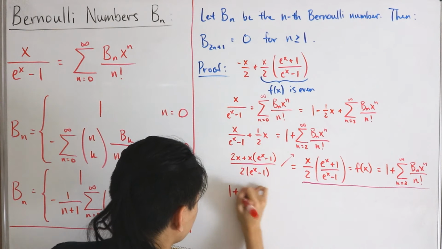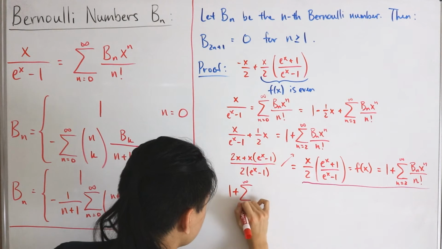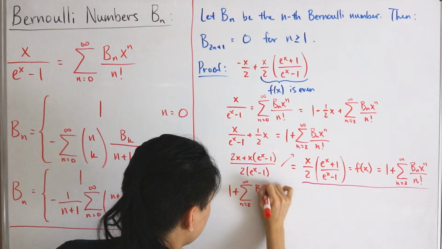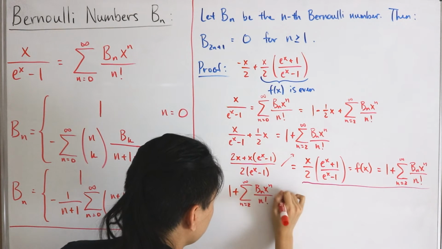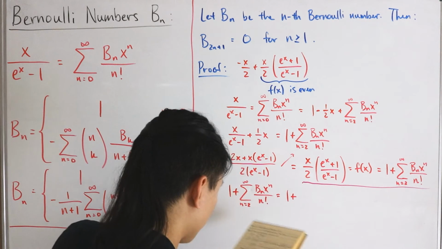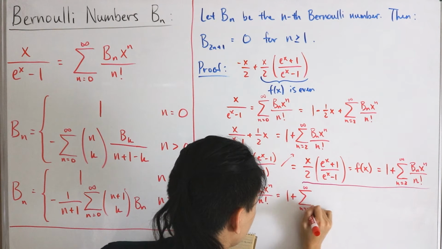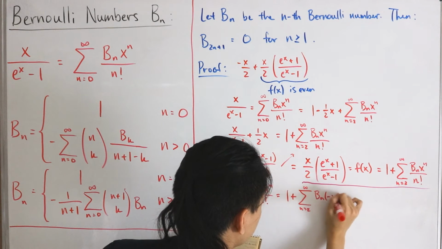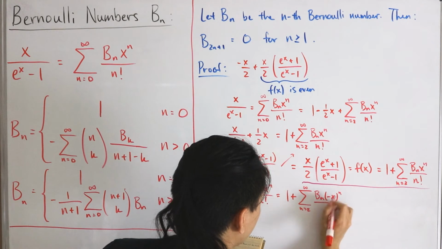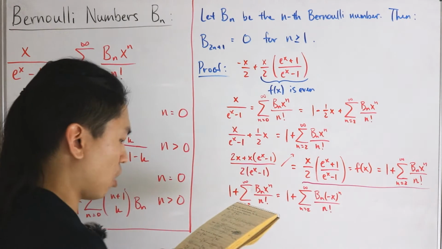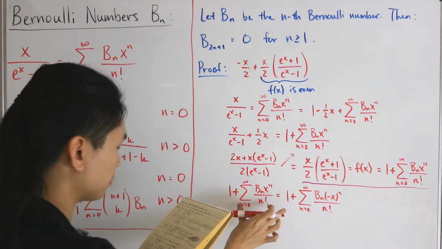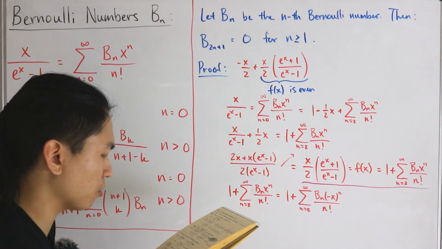So this will mean 1 plus the infinite sum of b sub n, then x to the power n divided by n factorial, is equal to, now just plugging in for the negative, the infinite sum of b sub n, and then negative x to the power n, then divided by n factorial. Obviously you're going to see that the ones will cancel for both sides.